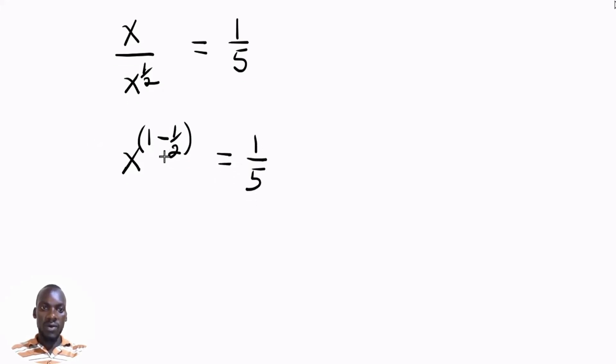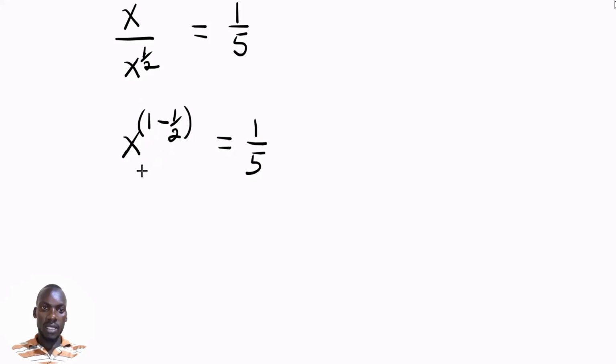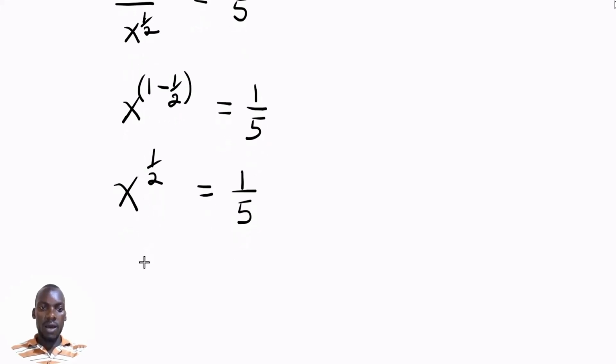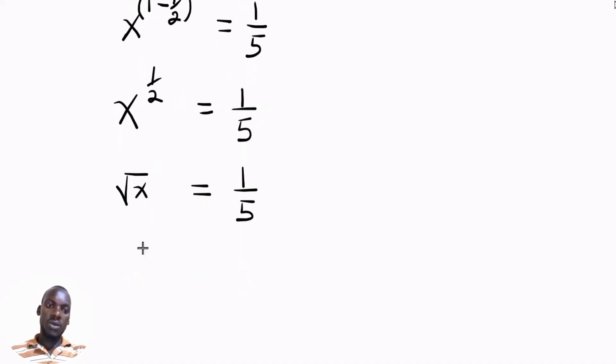As we simplify, 1 minus a half, we get x raised to the power a half being equal to 1 divided by 5. Remember, x to the power half is the same as the square root of x, being equal to 1 divided by 5. To get the value of x, we square both sides of the equal sign.